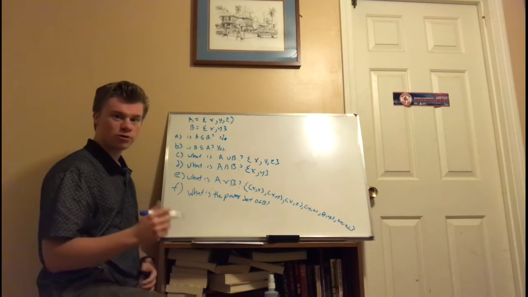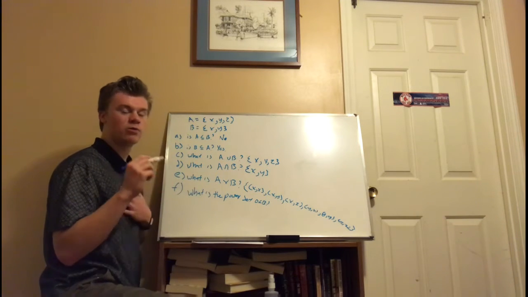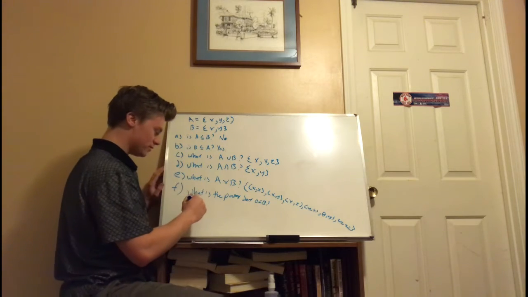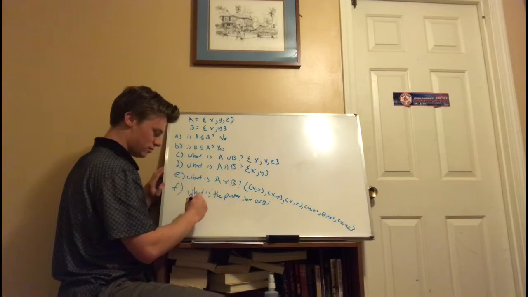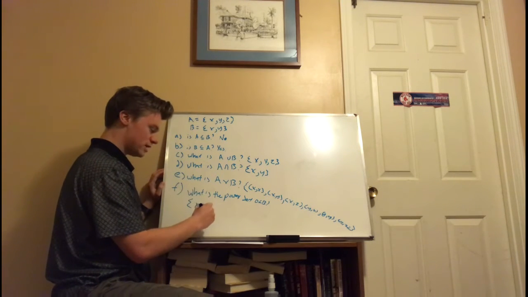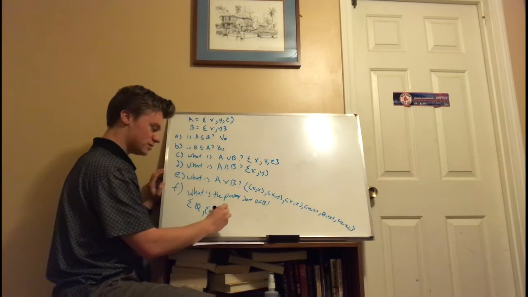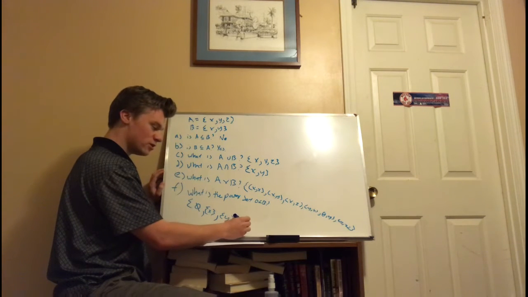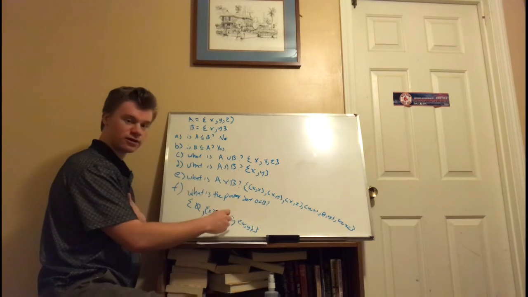A power set is all the possible subsets of set B. So in order to answer this, the power set contains null, then a set of just X, then a set of just Y, then finally a set of X, Y. And that is the whole set.